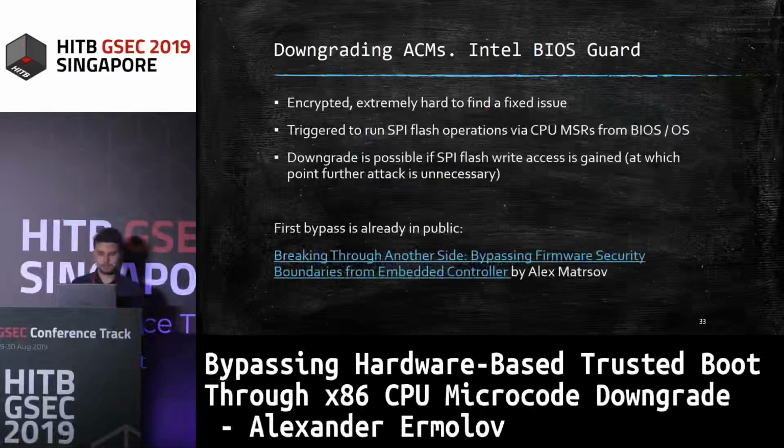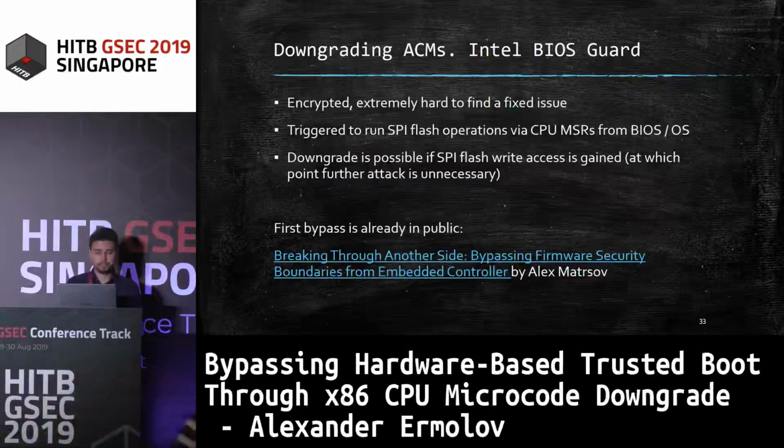So let's talk about the BIOSGuard. The BIOSGuard ACM is encrypted and it is extremely hard to find a fixed issue in it. It can be triggered by running SPI flash operations through CPU MSRs.